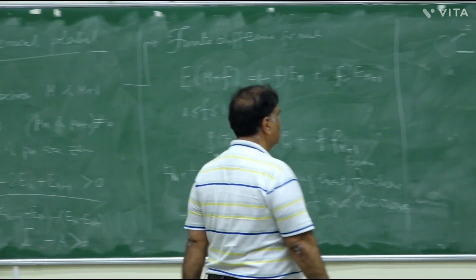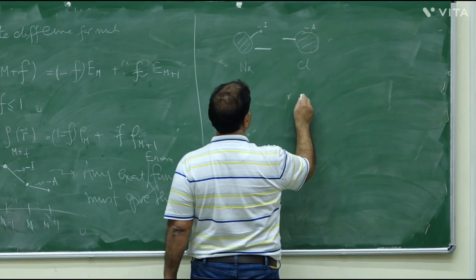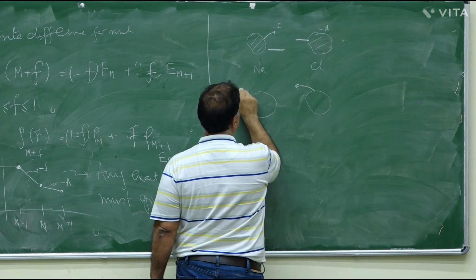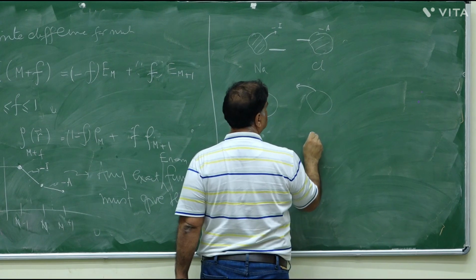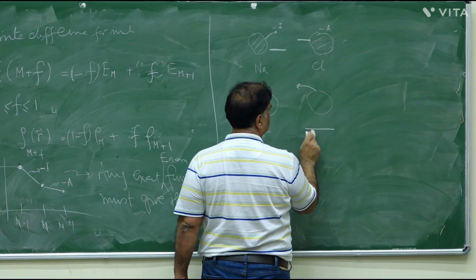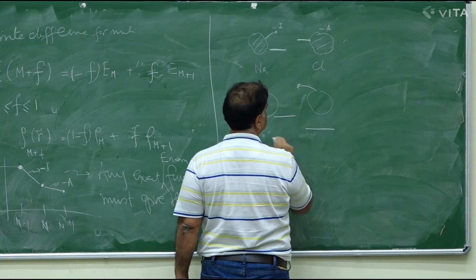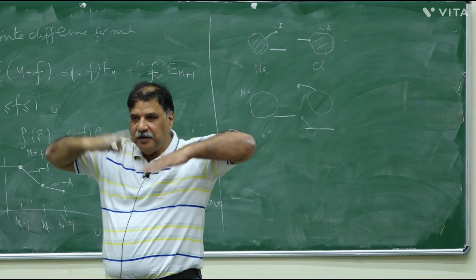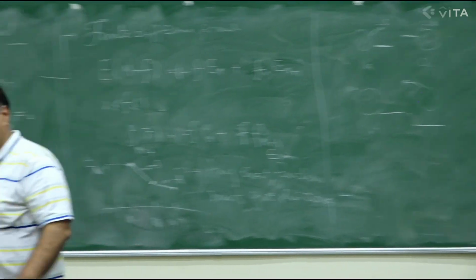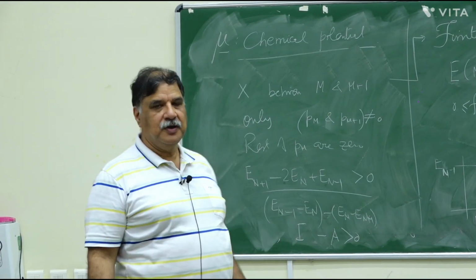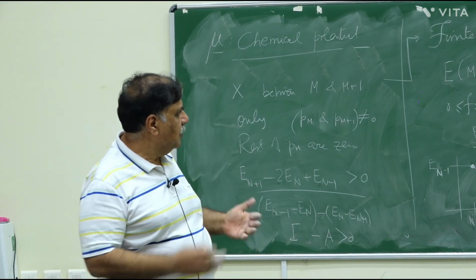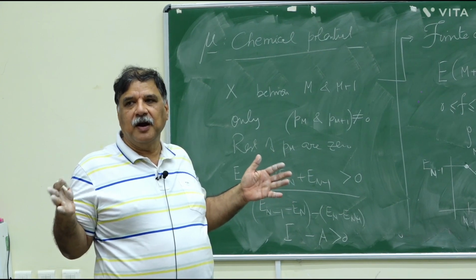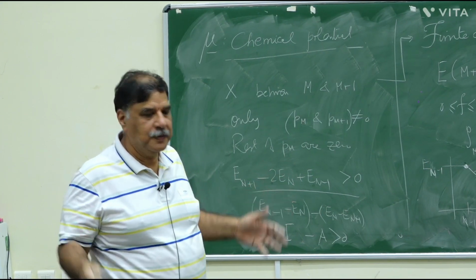On the other hand, if I want to take an electron from here and bring it to Na, then it will be minus I of Cl, and minus A of Na is again up, so it cannot go this way. So by changing mu as a fractional number of electrons, receiving and giving, its behavior is different. You keep the far away systems neutral.